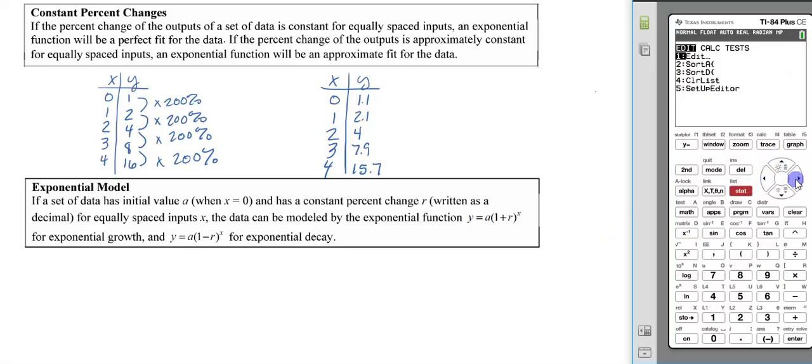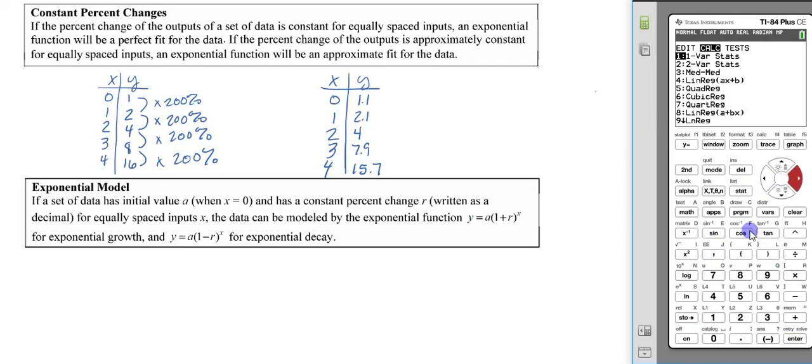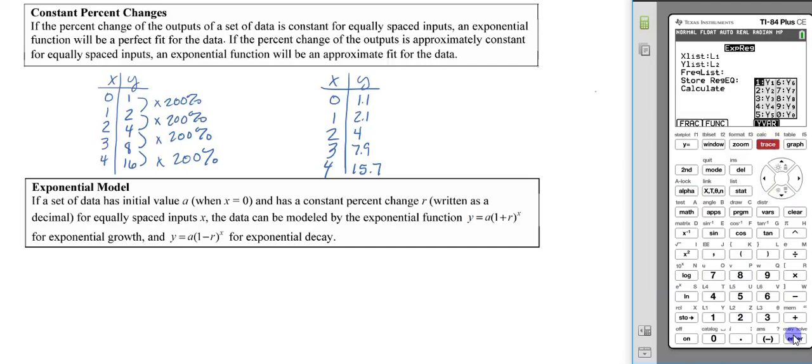We can put our new y's in here. And let's calculate an exponential regression, and let's store that regression in y1 and calculate.